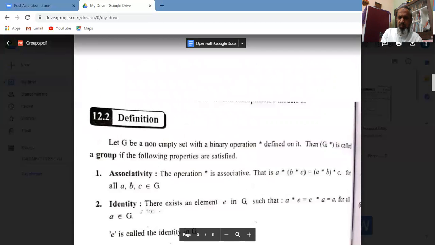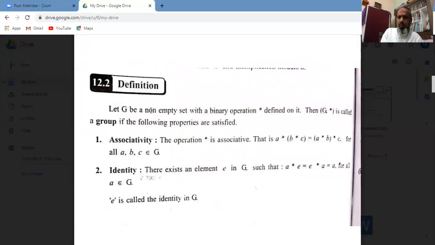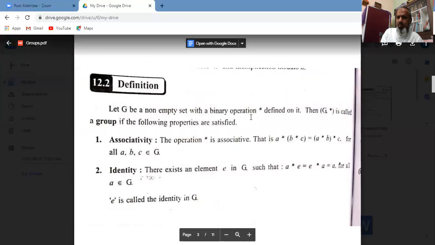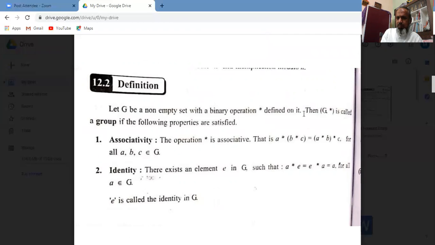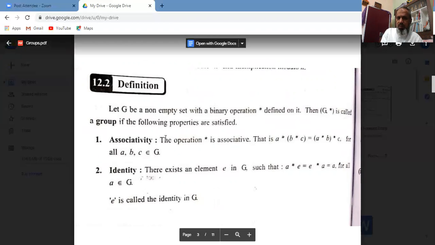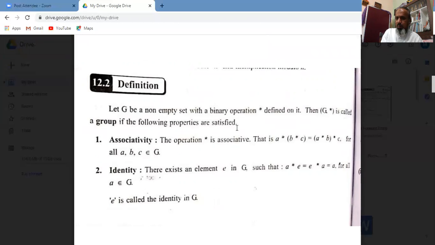Now this is another definition of a group. Let G be a non-empty set with a binary operation star defined on it. Then the structure (G, star) is called a group if it satisfies the following properties. The set G must have the closure property.